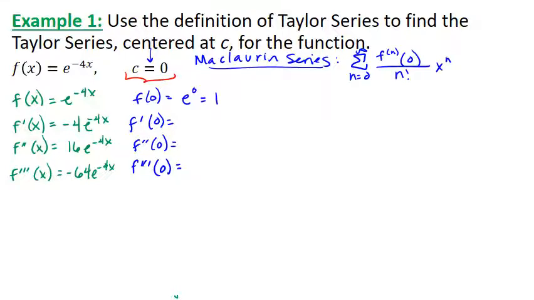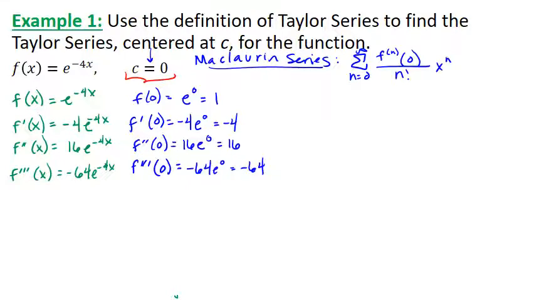Plugging it in here, I have negative 4e to the 0, and anything to the power of 0 is 1. So this gives me negative 4. Here I have 16e to the power of 0, which is 16. Then here I have negative 64e to the power of 0, which is negative 64.